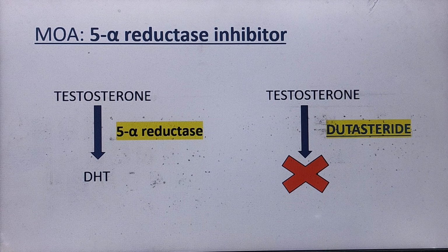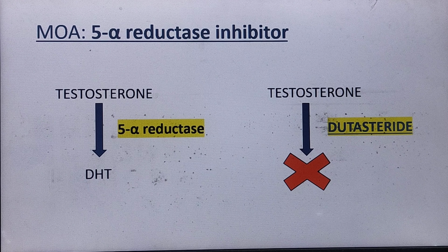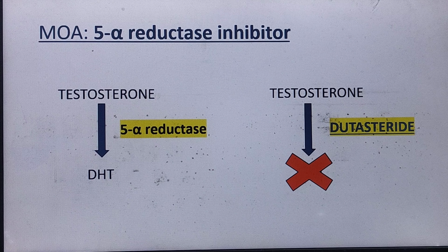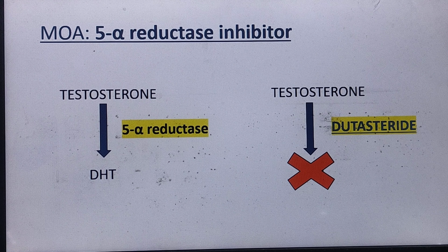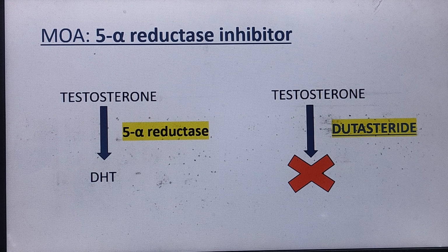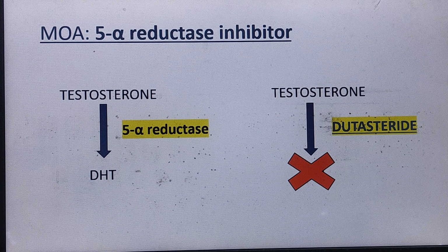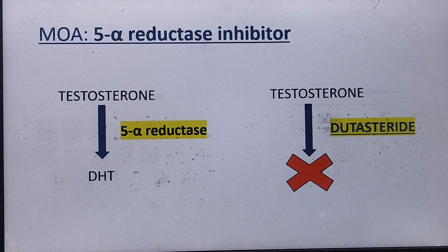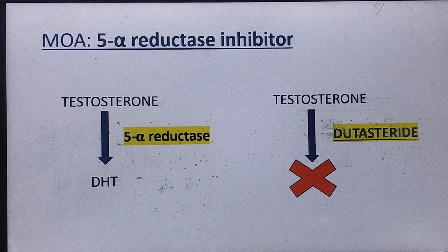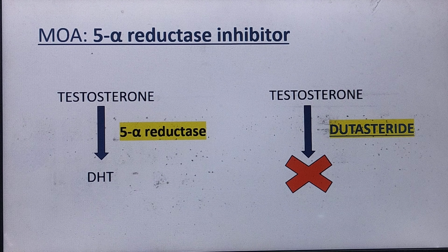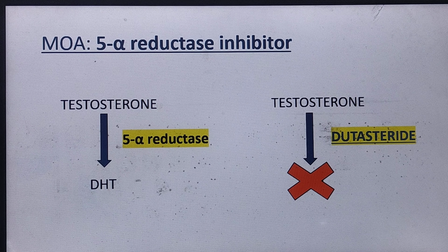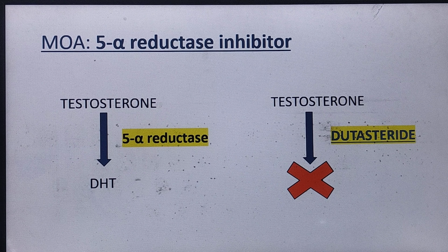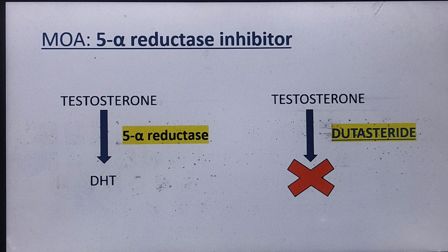So how does this dutasteride act? What is the mechanism of action? Basically this dutasteride is a drug which acts by inhibiting one enzyme, that is 5-alpha reductase. So it is a 5-alpha reductase inhibitor. So we have to see what is this 5-alpha reductase and how does this act in our body.